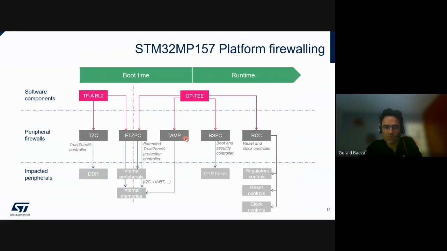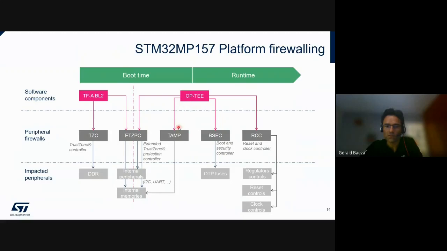After that, there is a peripheral that is very important for all products where you want to protect some secrets and put in place some protection against physical tampering on the product. The idea here is that when you detect an intrusion on your product, you are able to clear secrets that are stored in internal memories.